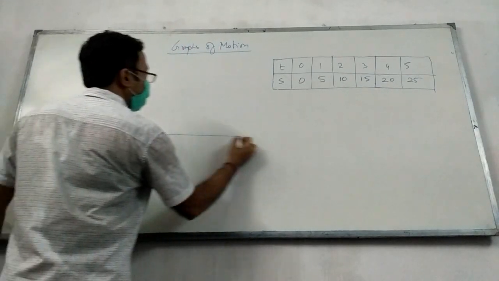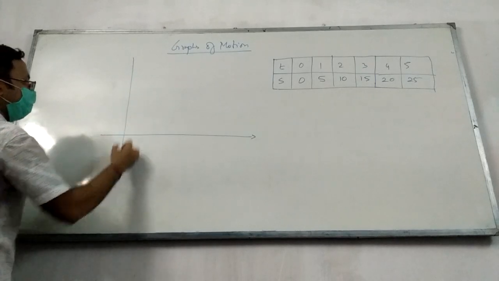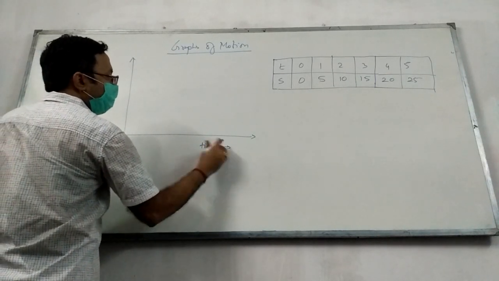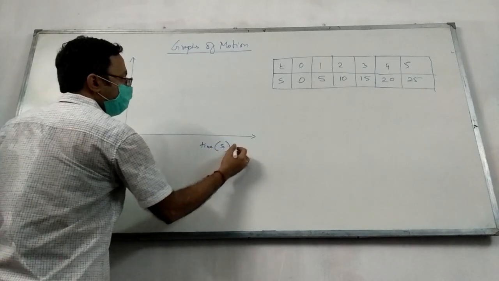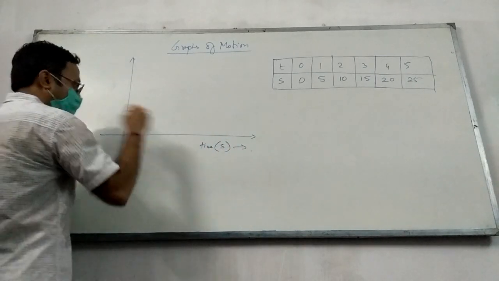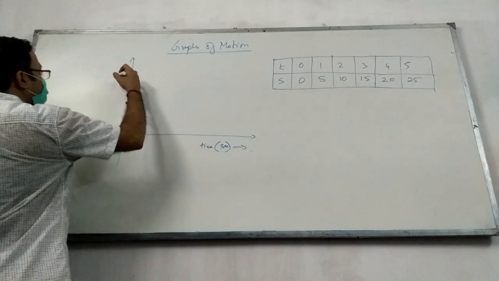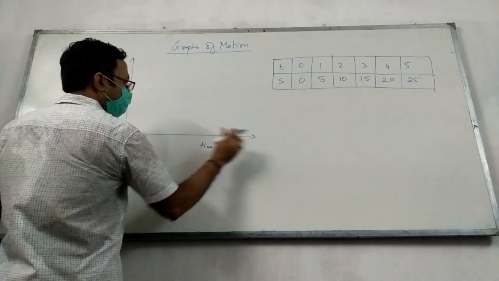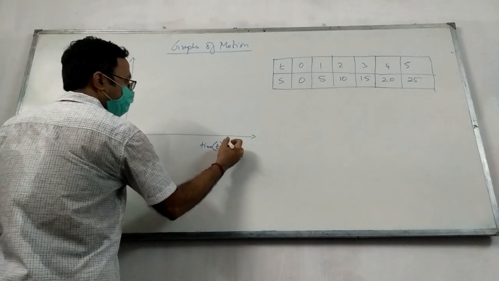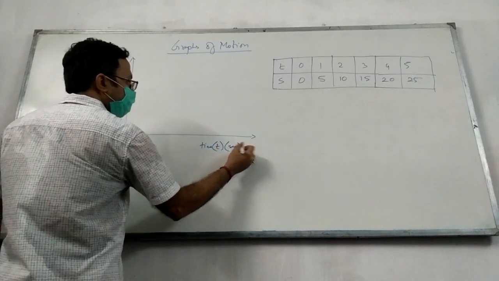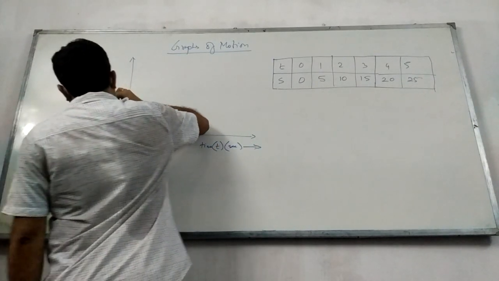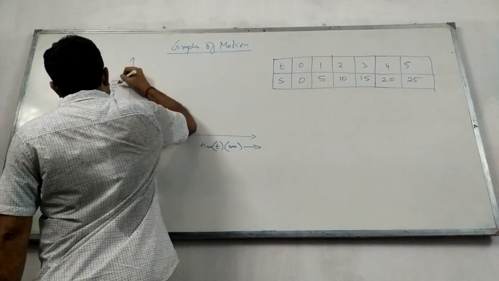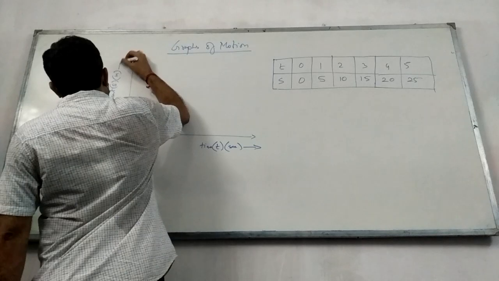Let's plot this graph. What do we get? Say this is the time axis taken in seconds. Remember, the unit is necessary. Time is abbreviated as t and the unit is second, and displacement is abbreviated as s and measured in meters.